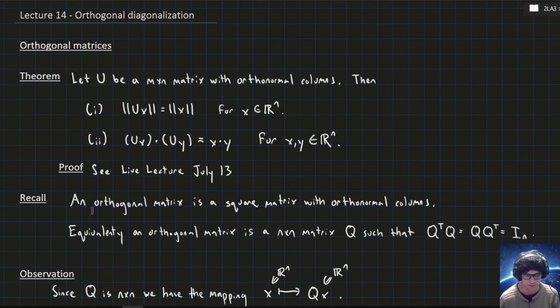Really, this should be called an orthonormal matrix, but it's standard that such a matrix is called an orthogonal matrix. An equivalent way to define an orthogonal matrix, call it Q now, is that its transpose is its inverse.